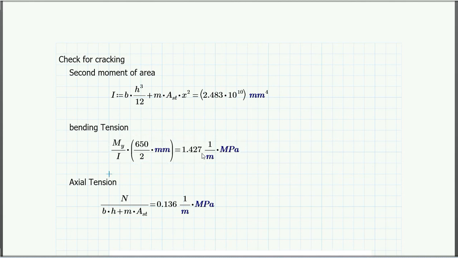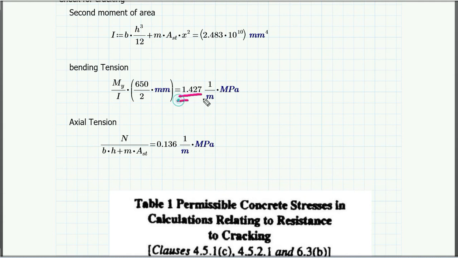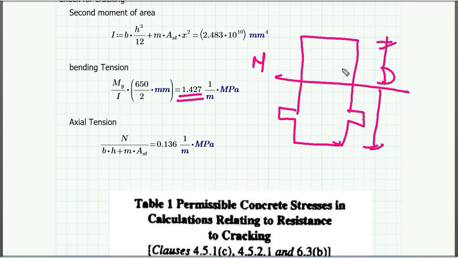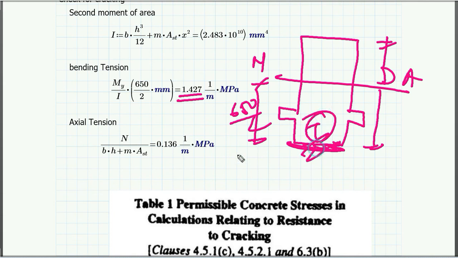This is the transformed section, the overall depth is 650, and the neutral axis is at the center, so y is 650 by 2. M by I into y will give you the stress at this position, where tension is going to develop. So the bending tension is 1.427, which is actually less than 1.8.